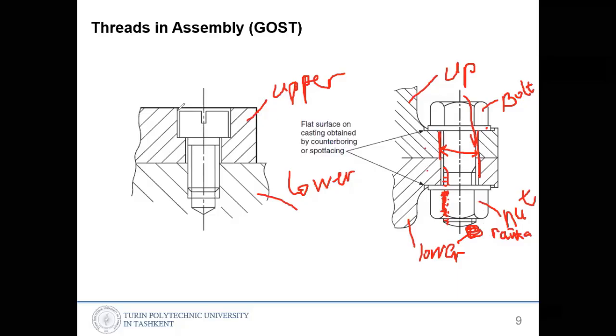But in the case of the screw, that's the screw, and there is a counterbore hole inside. We put it inside this hole, and in the upper part there are no threads, so that's why you can see this line.